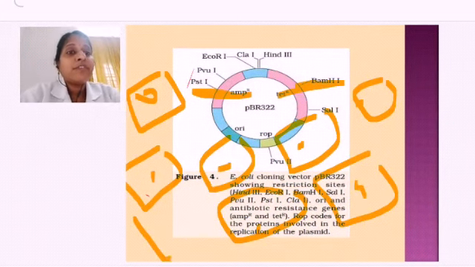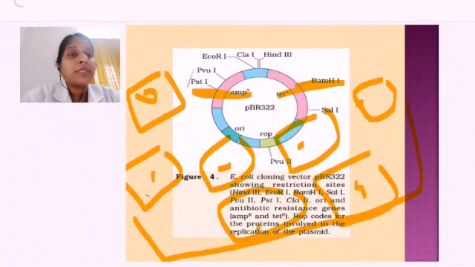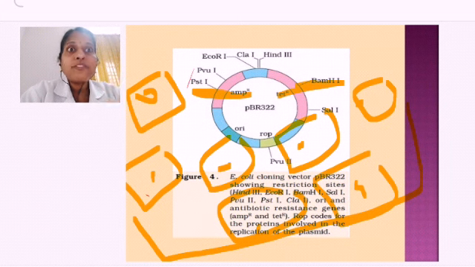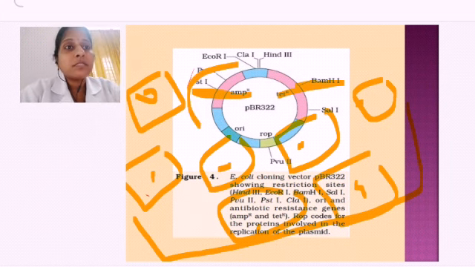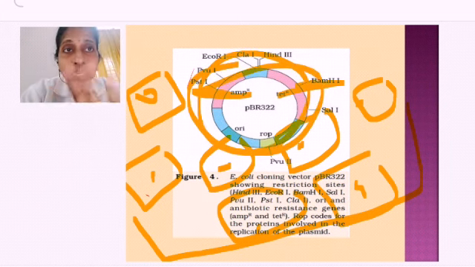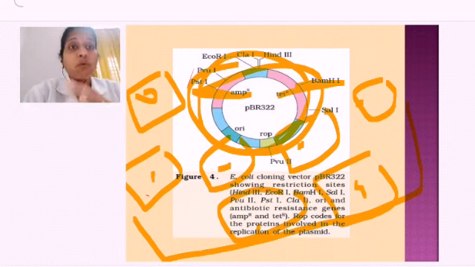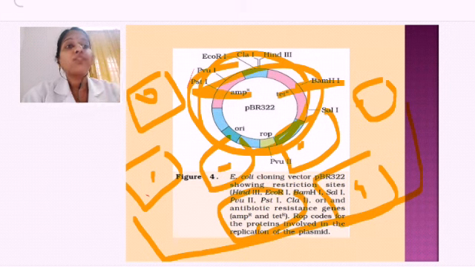Now if I put this in an ampicillin medium and all these bacteria are surviving, it means they are resistant to the antibiotic. So rDNA is present. If they are dying, it means this plasmid is not present in them, which means that they are not containing the rDNA. They are non-transformants.